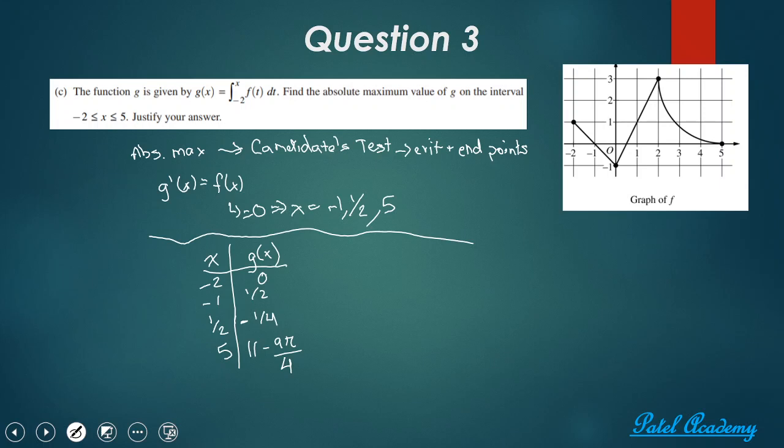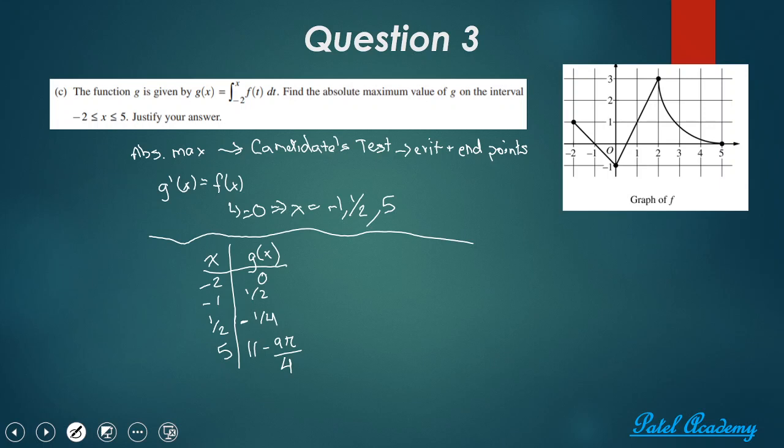If you weren't sure, because this is a no calculator, the easiest way to check is that pi is 3.1415, etc. So it's less than 4, which means that pi over 4 as a fraction would have to be less than 1. 9 times a value less than 1 has to decrease. So from 9 it would become 8 point something or 7 point something, depending on how low that value was.